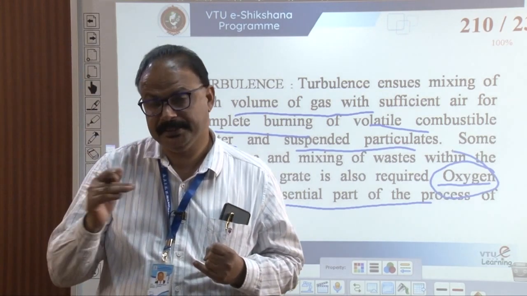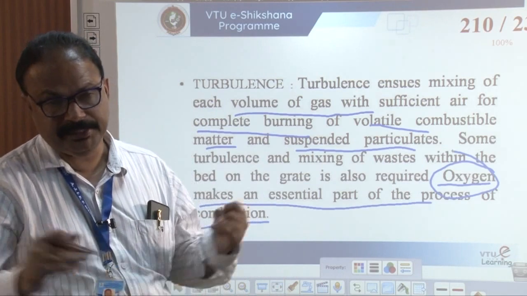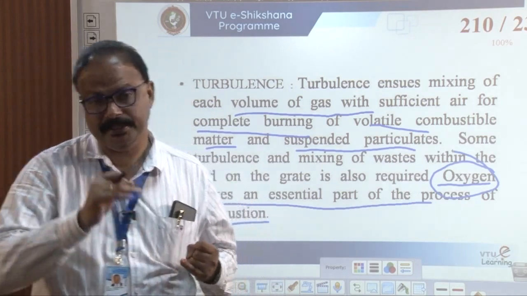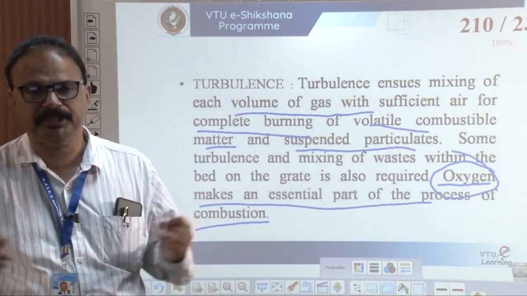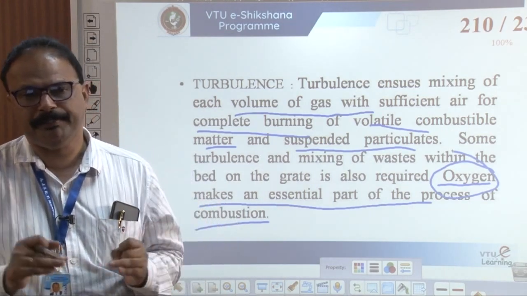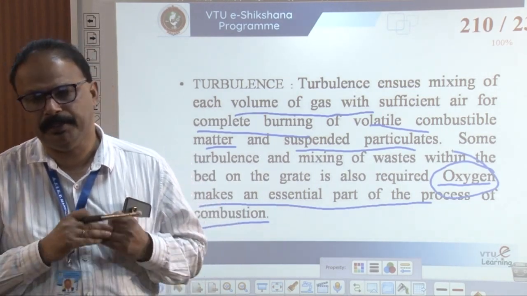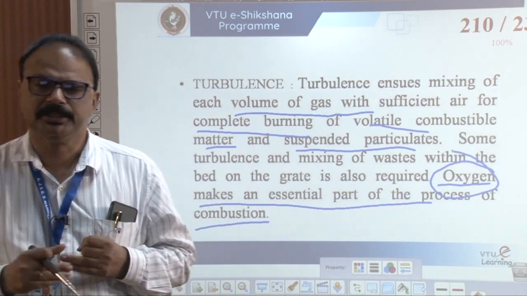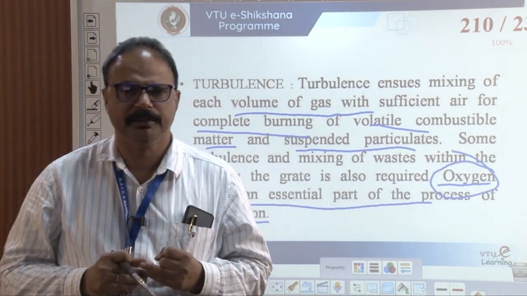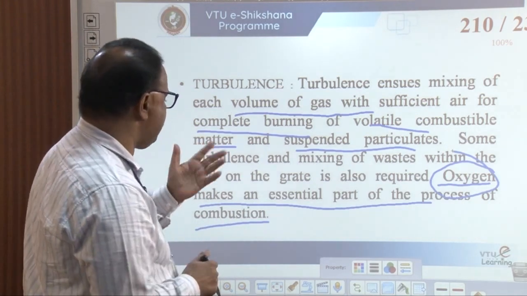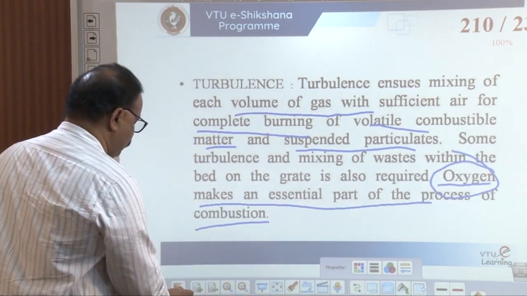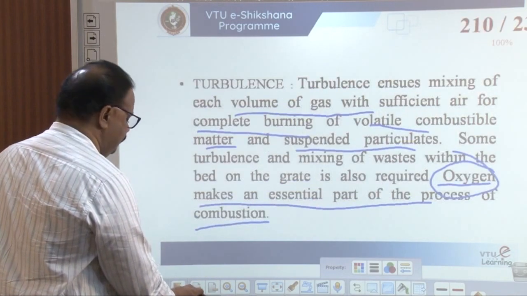Temperature: if the temperature increases, melting takes place, and some external dilution air is needed. Turbulence is the mixing of gas volume with sufficient air for complete burning of volatile combustible matter and suspended particles. Oxygen makes the essential part of the process of combustion. Okay, this is about 3T. We have already finished 3T.